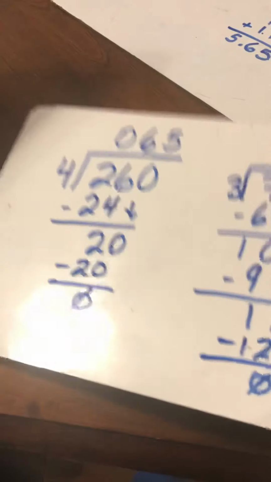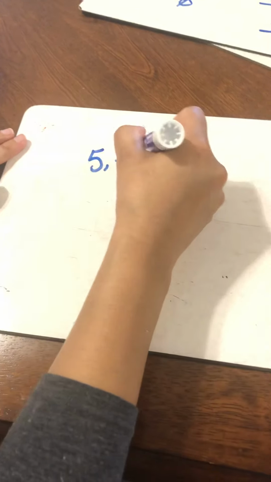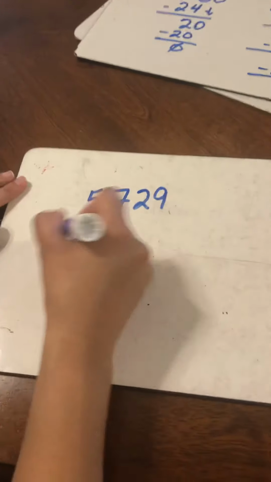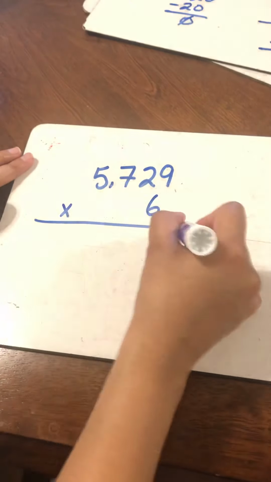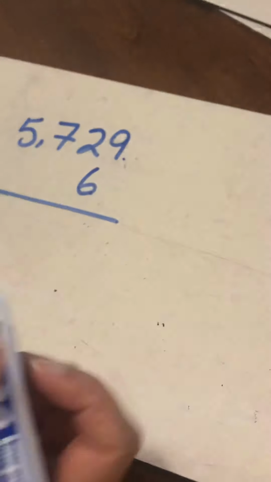Multiplication. Okay, guys, this one, we didn't practice this too much in class. Unfortunately, we did 2-digit by 1-digit, 3-digit by 1-digit. This is a 4-digit by 1-digit problem. Same thing though. 9 times 6 is 54.